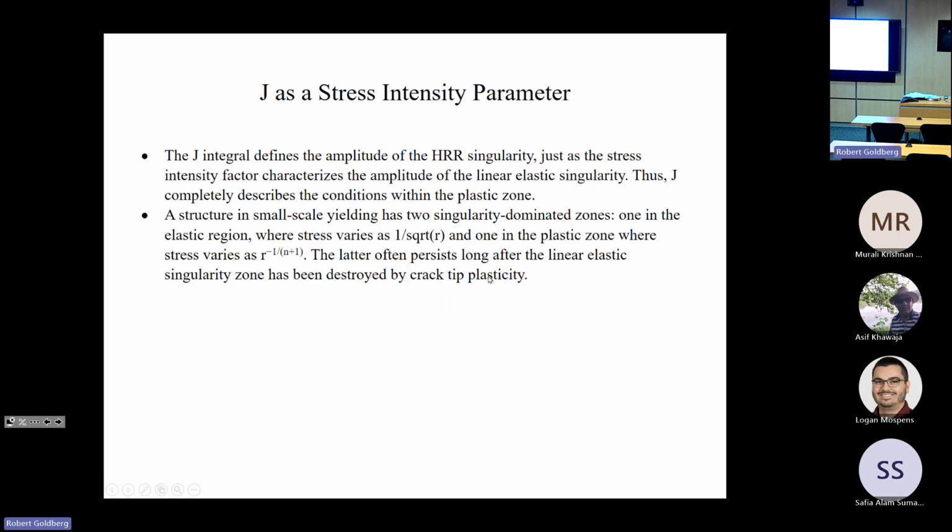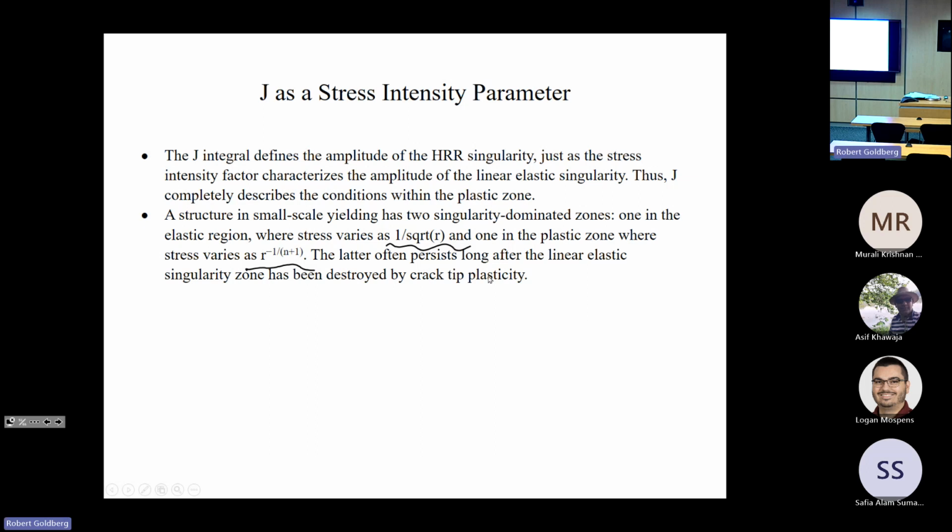So the upshot of all of this is the J integral defines the amplitude of the singularity, just as the stress intensity factor characterizes the amplitude of the linear elastic singularity. So the J term completely describes the conditions within the plastic zone. The structure under small-scale yielding has two singularity-dominated zones: one in the elastic region, where the stress varies as 1 over the square root of the radius, and one in the plastic zone, where the stress varies as r to the negative 1 over n plus 1 power.